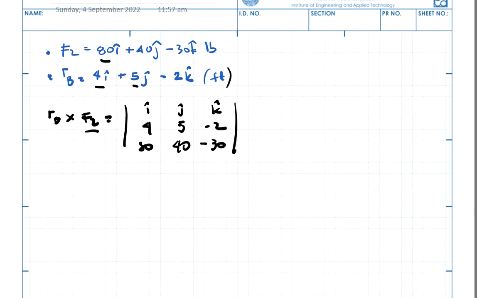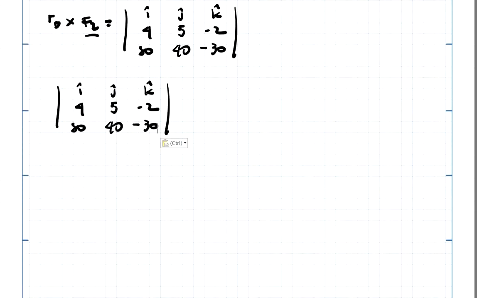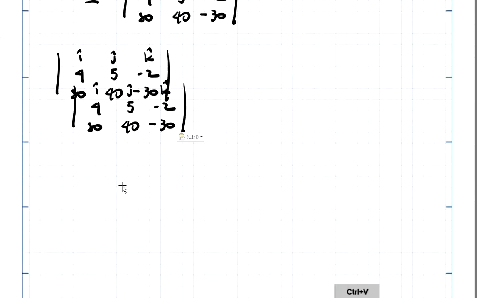So to determine again the value of our I, J, and K, let me copy this one 3 times.